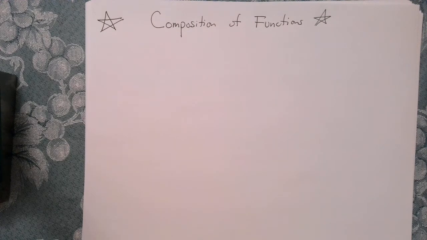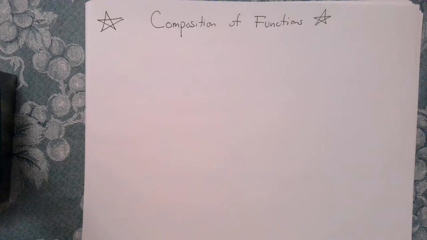And maybe before I define it, I want you to realize that you've done something like this before. When you're in geometry class and you perform a rotation of a figure and then a slide of that figure, that's the composition of functions. You're doing a sequence of steps, or a sequence of functions.